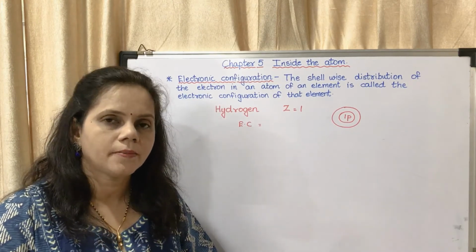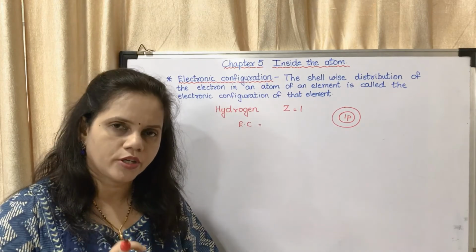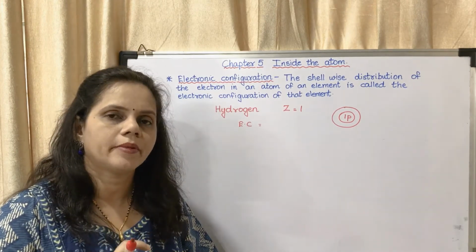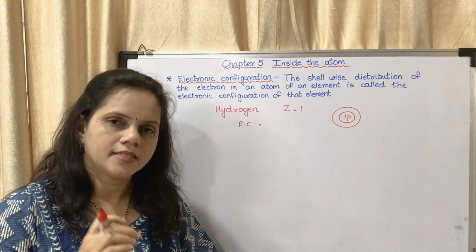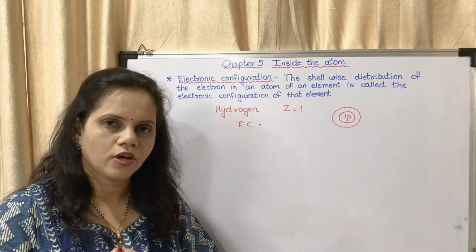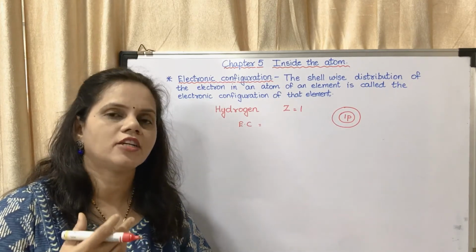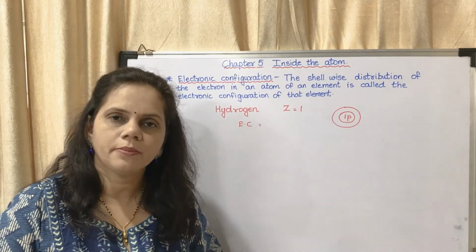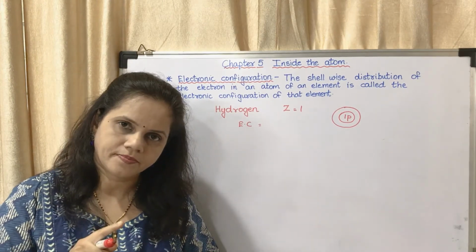I repeat. Atomic number is equal to number of protons is equal to number of electrons. So if the atomic number is 1, how many protons? 1. How many electrons? 1.